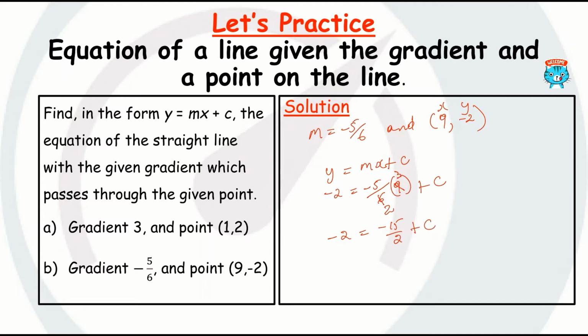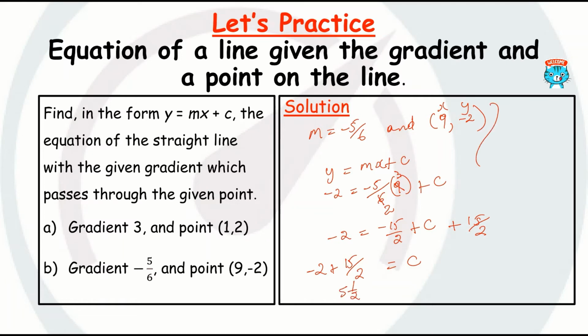To find c, we are going to add 15 over 2 to both sides. So this goes to 0, so c plus 0 is c. And negative 2 plus 15 over 2, let's use our calculators, gives us 5.5. So the value for c is 5.5.